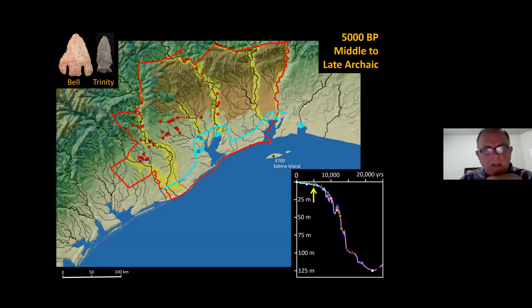Yeah, if you notice around the western side of Galveston Bay, there are 2 dots. Those are the oldest of the coastal shell middens that we see archaeologically.